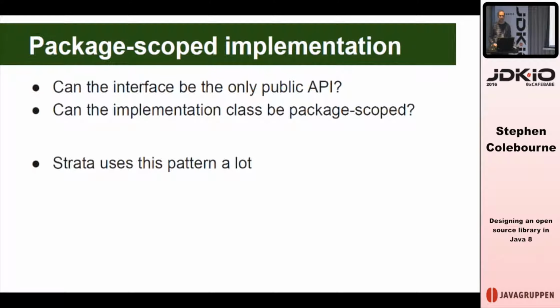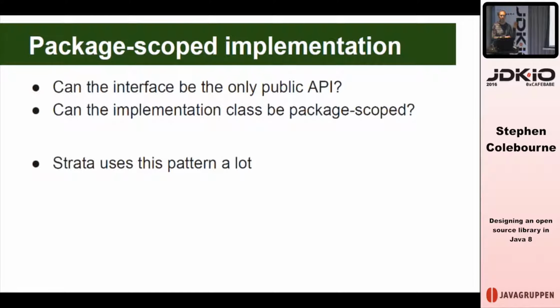So now's the question. If you have an interface that defines your public API, that interface can have lots of nice methods on it, and that interface can provide the ability to create instances of that interface through the static method, can the implementation be package scoped and hidden? And what we found in Strata is that a lot of the time it can be. A lot of the time there is no longer any need to have both the interface and the implementation be public.